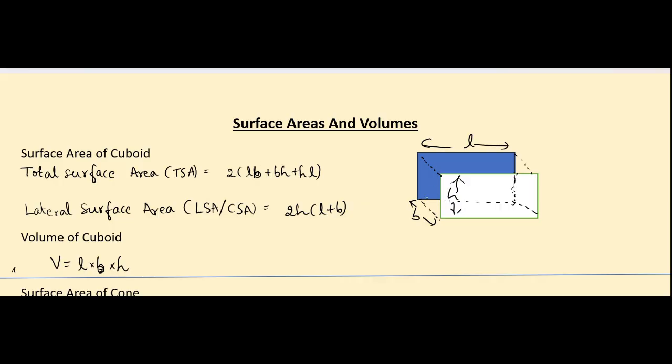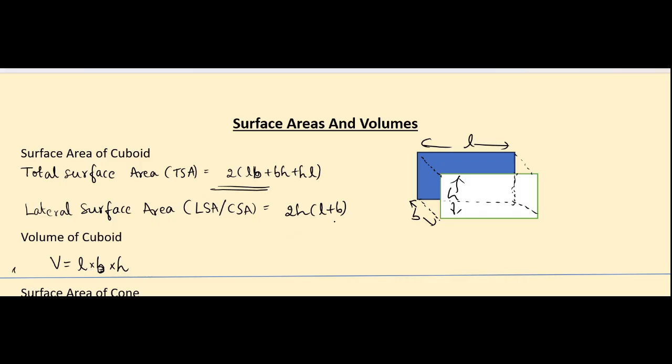Correct? We will use this to find the total surface area, simply TSA of the cuboid. Next, the lateral surface area, LSA or CSA, is nothing but 2H into (L plus B).